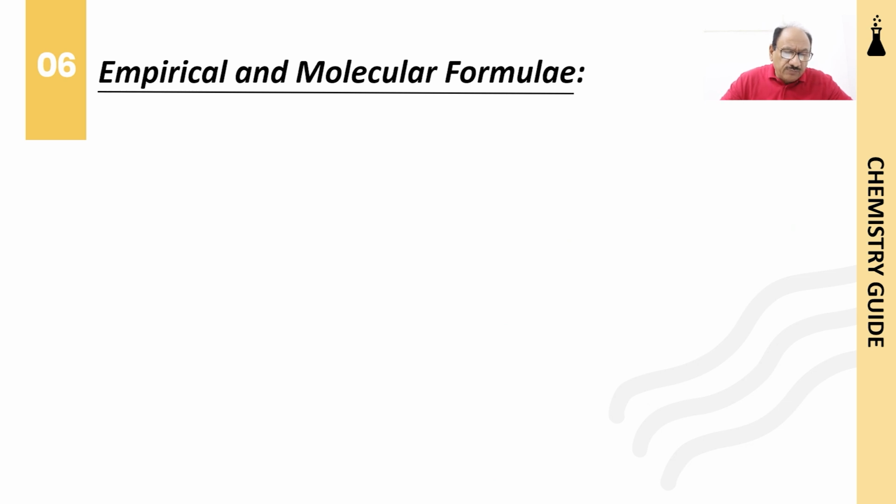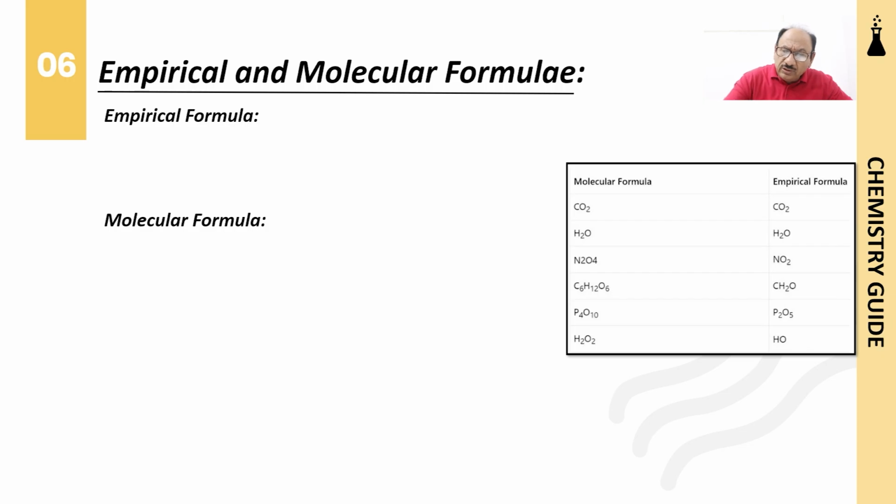Then we need to discuss the empirical and molecular formula also. An empirical formula is the simplest whole number ratio. These are empirical formulas, and these are molecular formulas. For example, if you check glucose, C6H12O6, the simplest whole number ratio is CH2O.